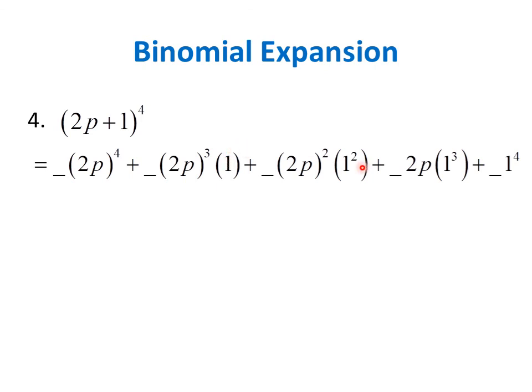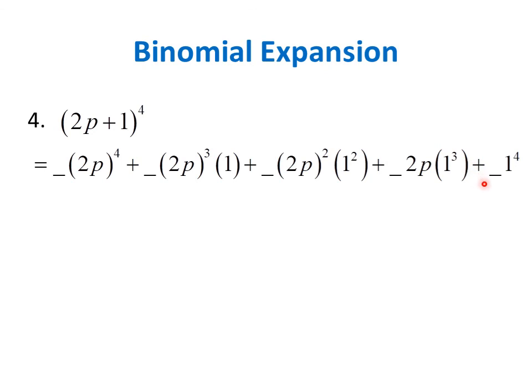That is 1 squared. For the next term, we have quantity 2p to the 2 minus 1. So quantity 2p to the 1 is simply 2p. And then we have 1 to the 2 plus 1. That is 1 cubed. Plus, for the next term, we have quantity 2p to the 1 minus 1. That is 0.